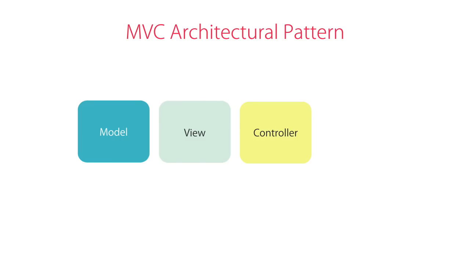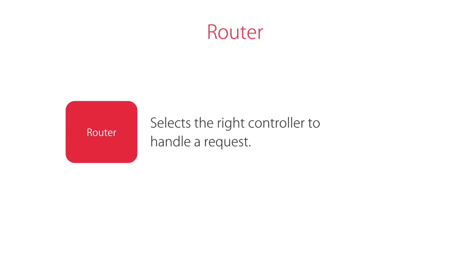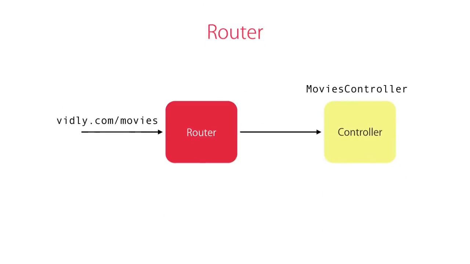Now, there is one more piece to this architecture, which is not in the acronym MVC, but is nearly always there. It's a router. Earlier, I told you that when a request comes in the application, a controller will be selected for handling that request. Selecting the right controller is the responsibility of a router. A router, based on some rules, knows that the request with the URL /movies should be handled by a class called MoviesController.